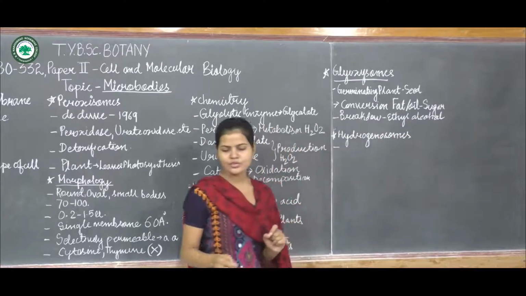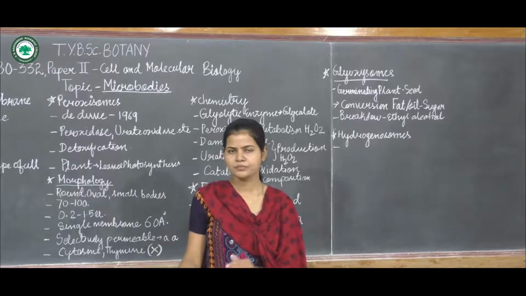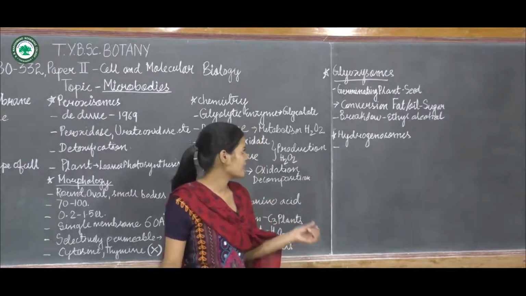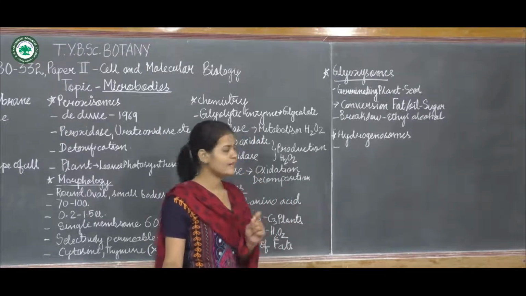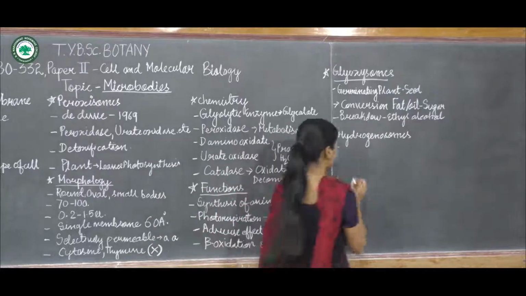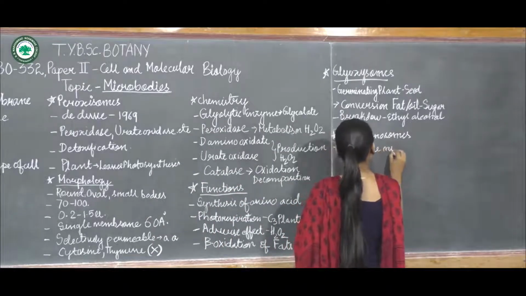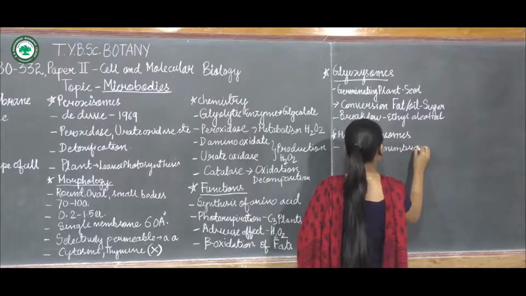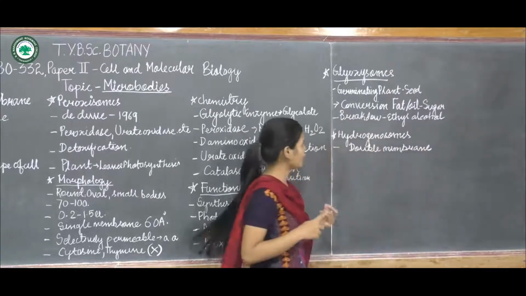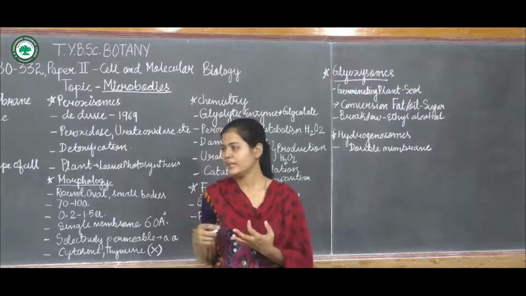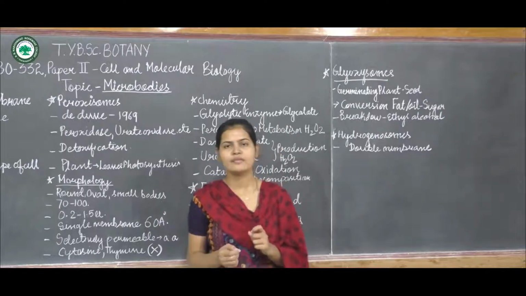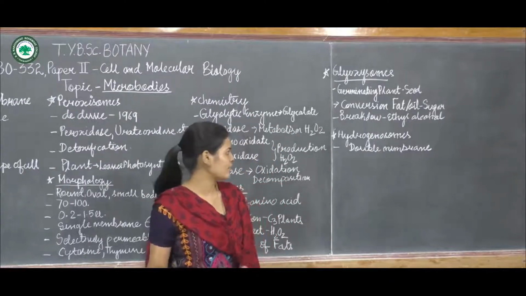Now these hydrogenosomes are also microbodies. It is a type of microbody. These are the organelles which are double membrane. So as we have seen, the peroxisome, glyoxysome and even the sperosome will be single membrane, or they have a unit membrane.